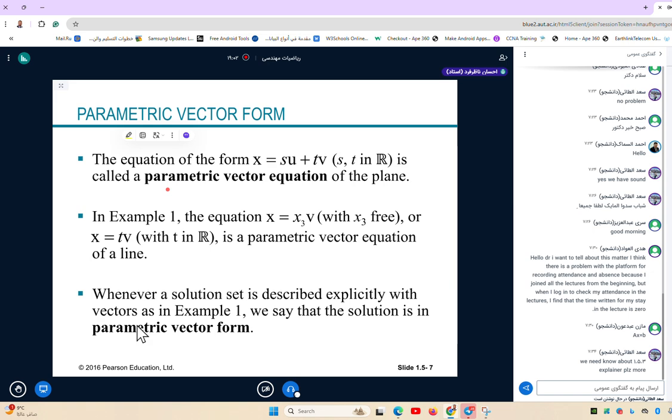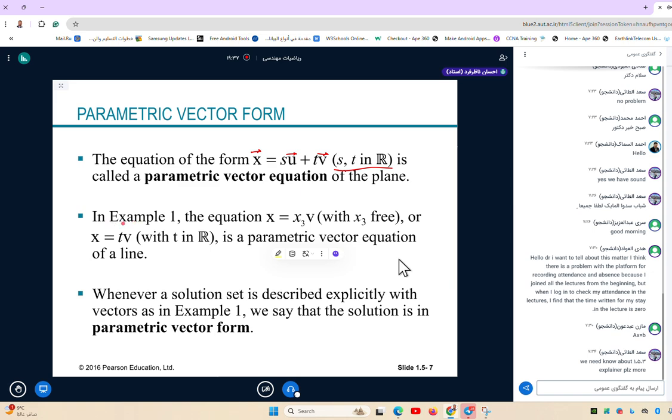Okay, so yesterday actually we were at this point. So we continue our discussion from yesterday. The equation of the form x = su + tv. Again, remember, x is a vector, u is a vector, and v is a vector, and t and s are two scalars or real numbers. It's called the parametric vector equation of the plane.